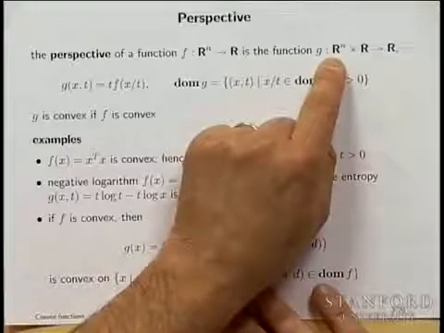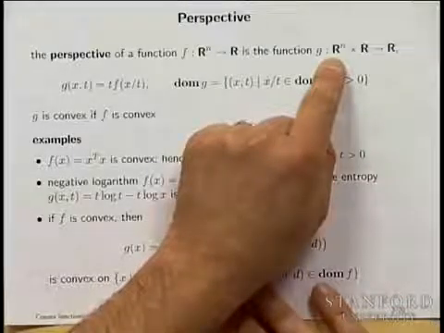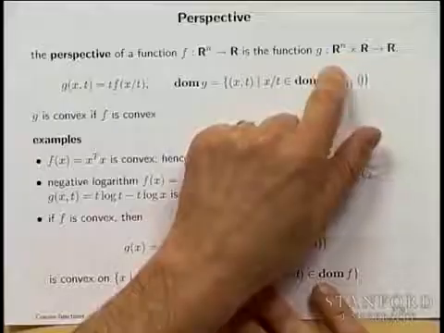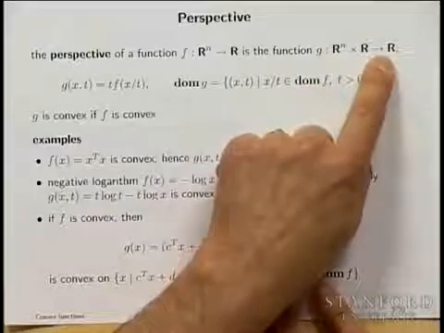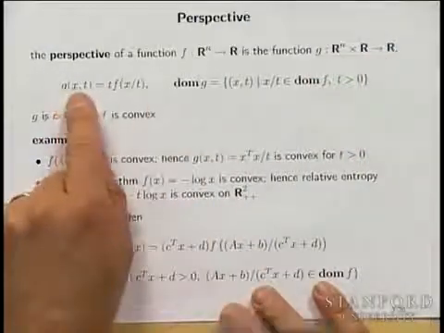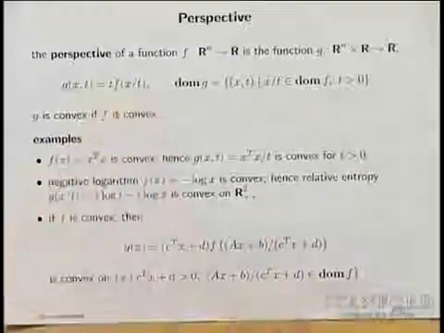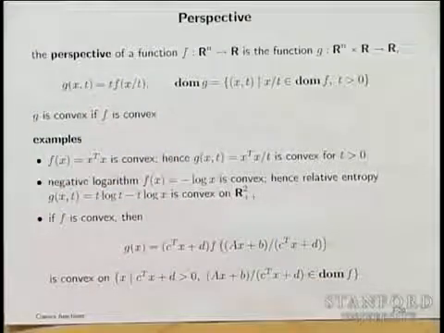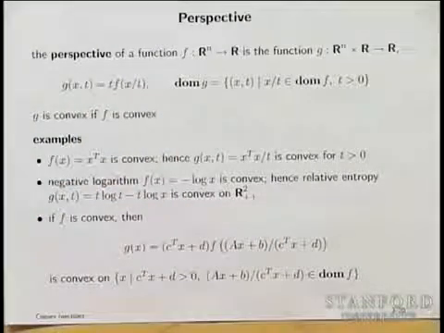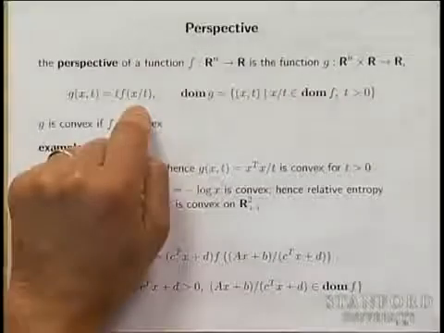So it's going to be a function from Rn plus 1, or if you want to explicitly make it a pair, Rn cross R to R. And it's this: g of x and t is t f of x over t. So it does a weird scaling. It scales x first, and then it multiplies by t. And that's a function jointly of x and t.